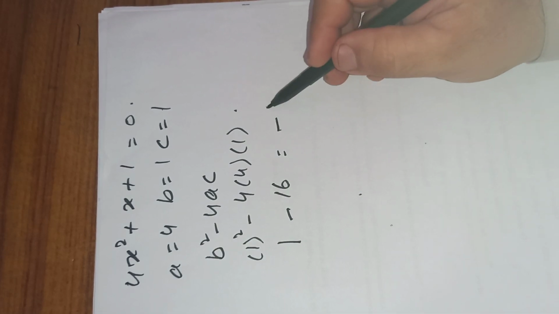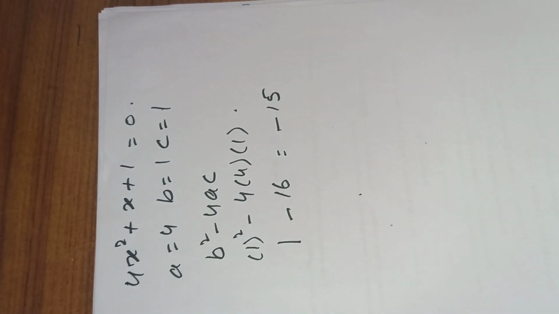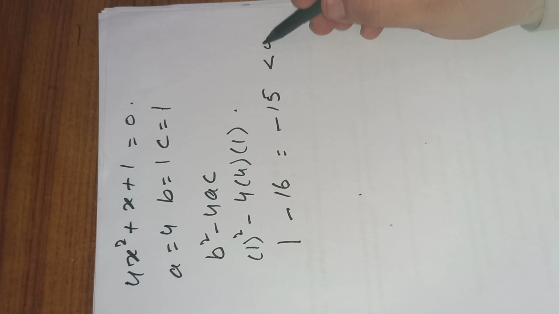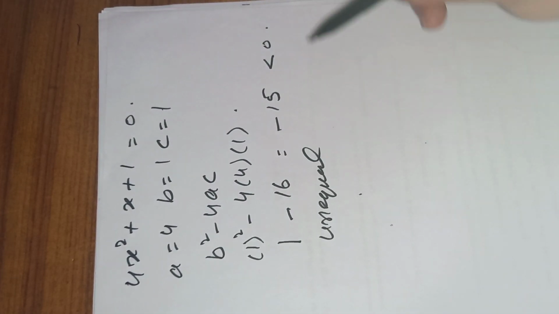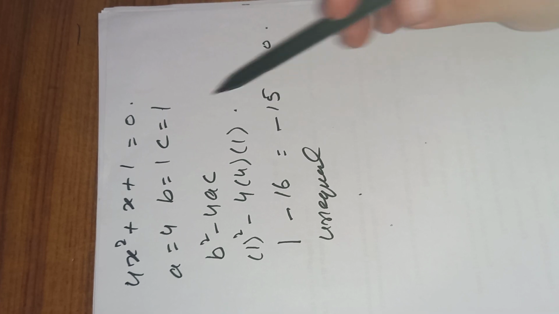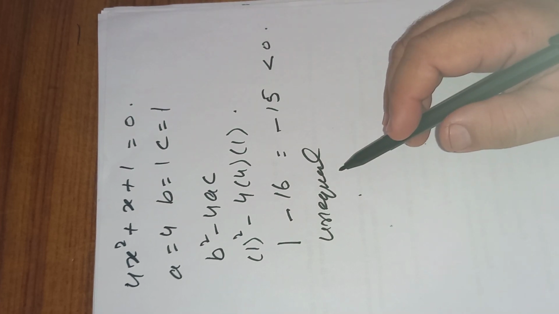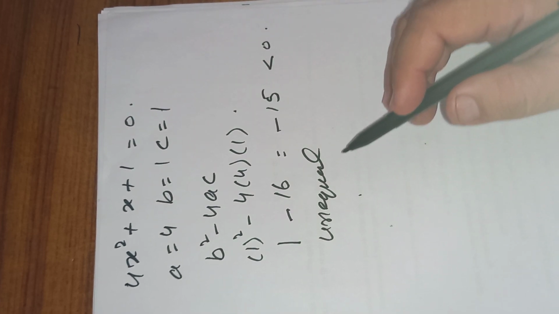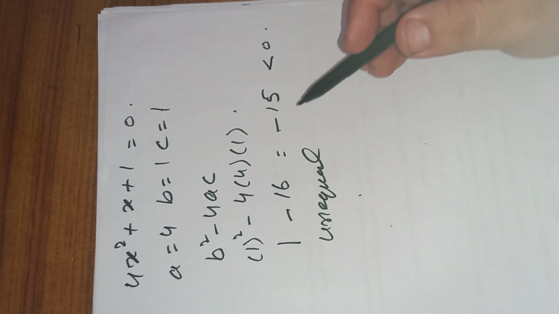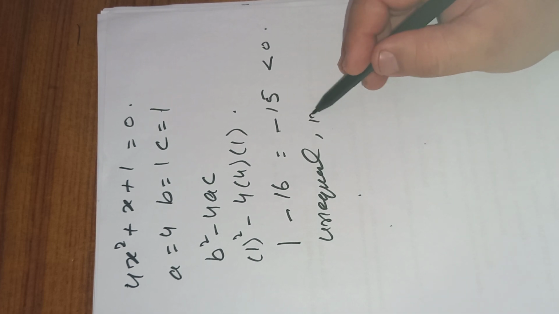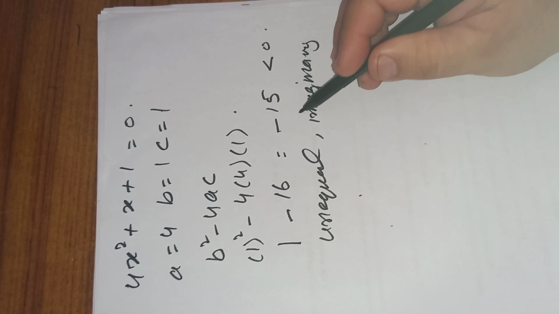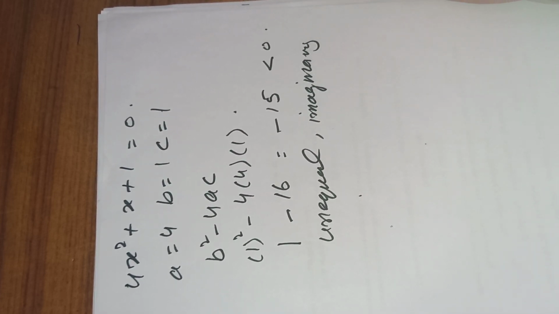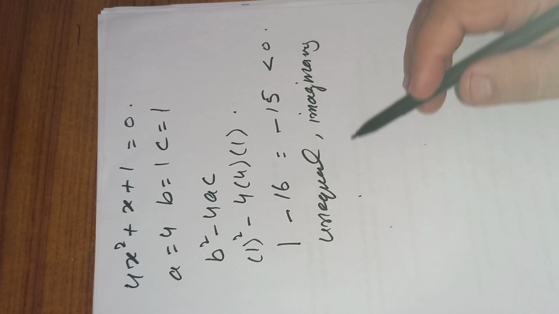So we got a negative value, minus 15, which is less than 0. The nature of roots of this equation is unequal, and since it is negative, the roots are imaginary: unequal and imaginary.